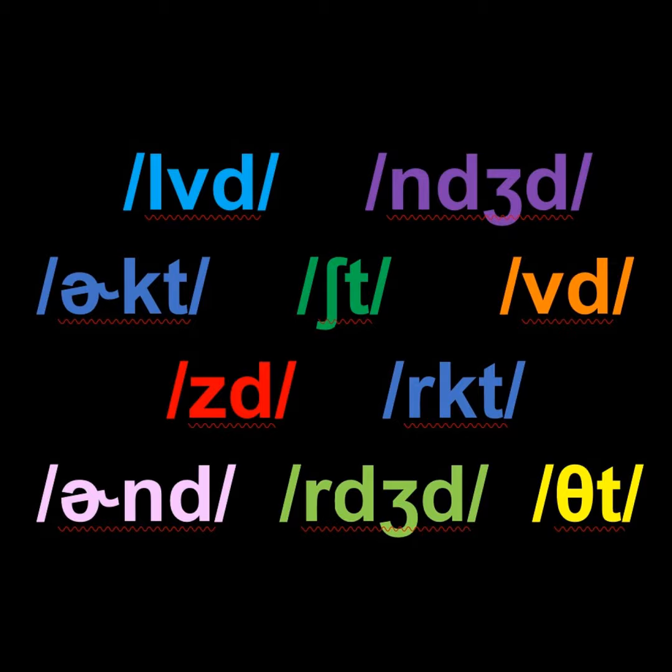Now let's listen to each of those clusters, the 20 clusters that you heard a minute ago, not alone, but as parts of words. So again, there are 20 of them. 1. Liked. 2. Laughed. 3. Hoped. 4. Passed. 5. Washed. 6. Watched. 7. Parked. 8. Grabbed. 9.